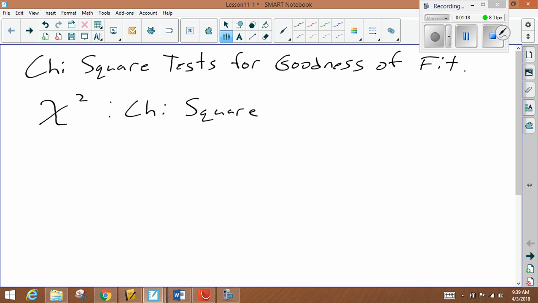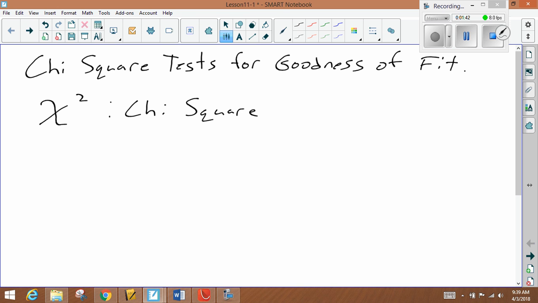So, goodness of fit, we're gonna look at a sample count, and we're going to be able to determine whether our sample count fits with what we think our actual count should be for some given scenario.